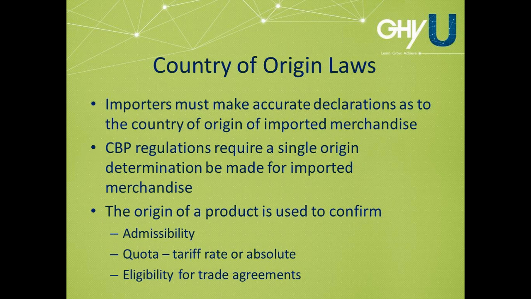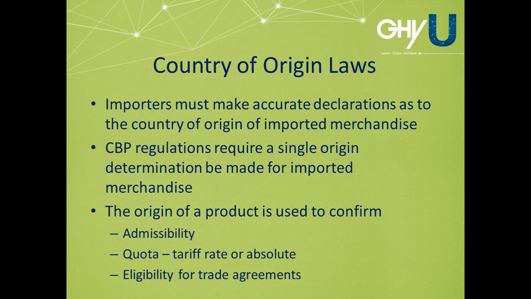Country of origin laws. It is important to understand that there are different country of origin rules. Rules for determining the origin of a product for purposes of marking upon import into the U.S. are different than the rules used to determine if that product qualifies for reduced duties under a tariff preference program like NAFTA.